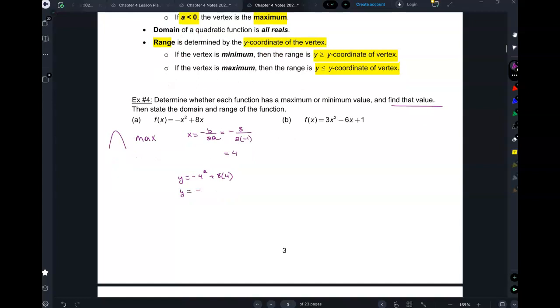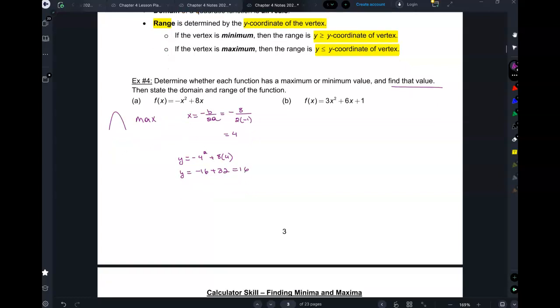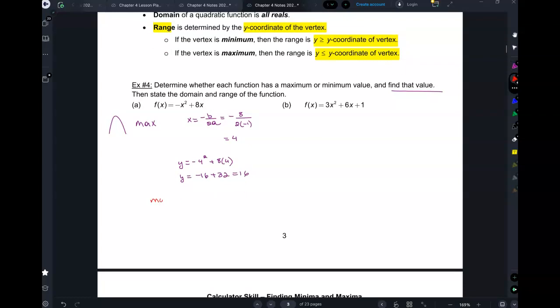So this is negative 16 plus 32, 16. So I say the maximum is (4, 16). Okay?